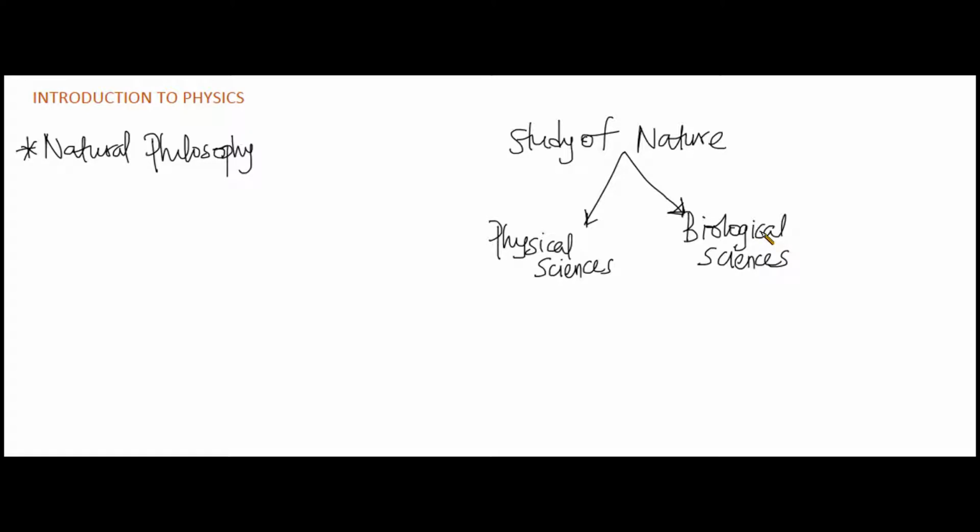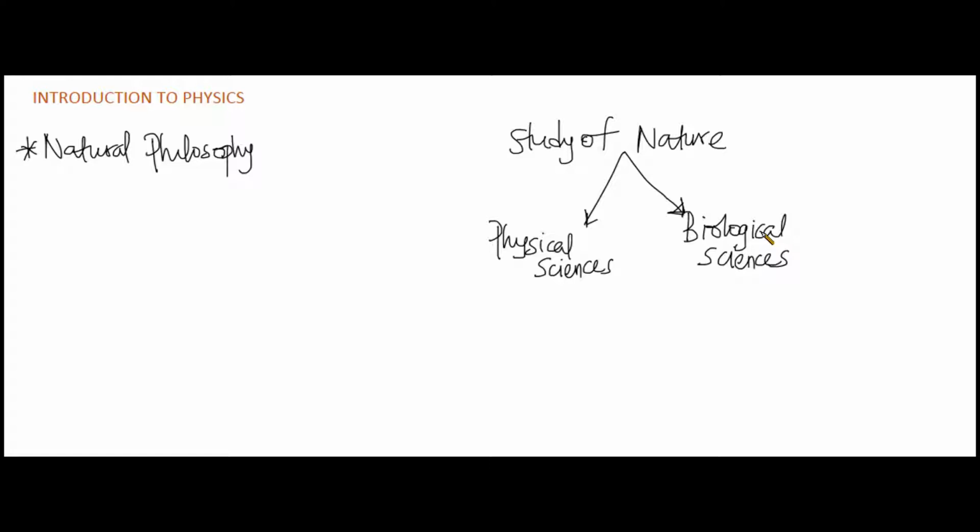So the physical sciences is concerned with the properties and behaviors of non-living matter, while the biological sciences focus mainly on living things. So that's why you have the biological science, which deals with plants, animals, and even human beings, and other living organisms like bacteria, fungi, and so on.